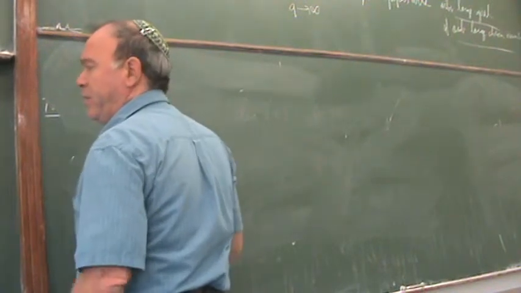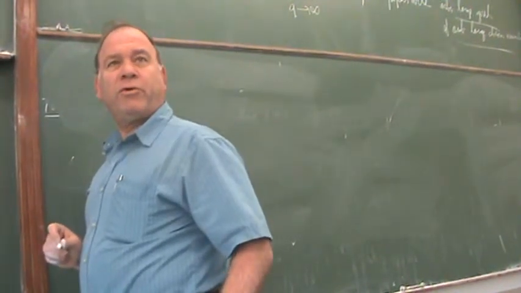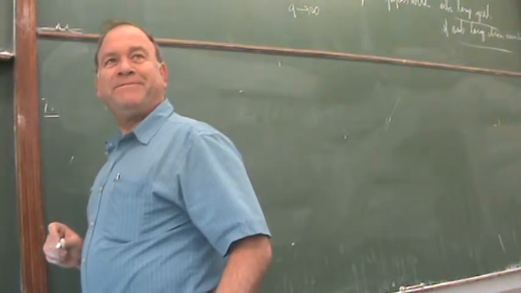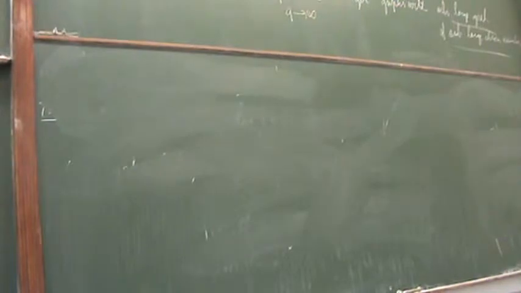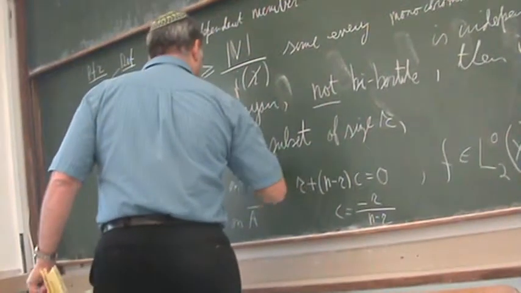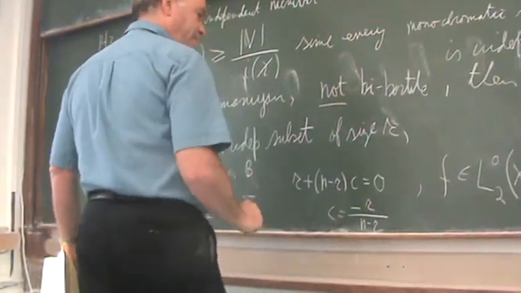if now A, how did I call the adjacency matrix? A or delta? So maybe I call this B, don't mind, because A, I think, was the adjacency matrix.